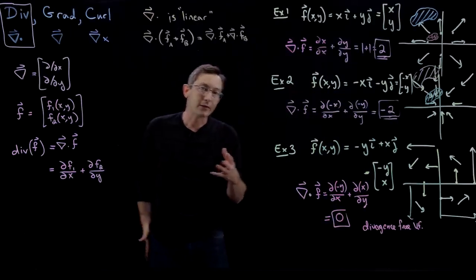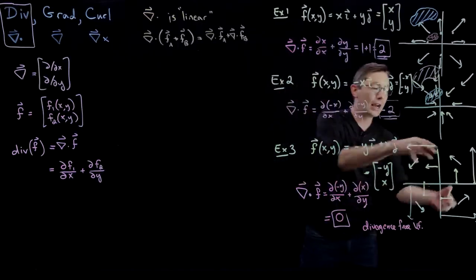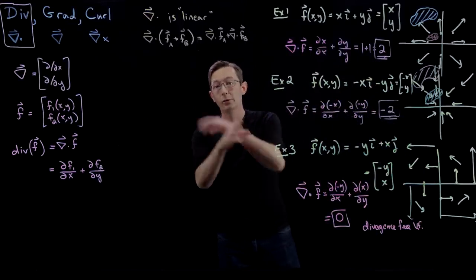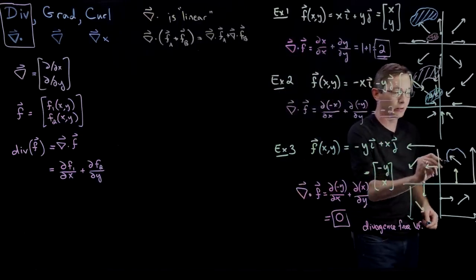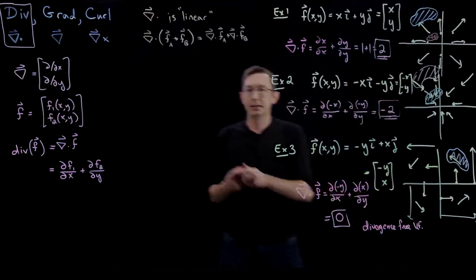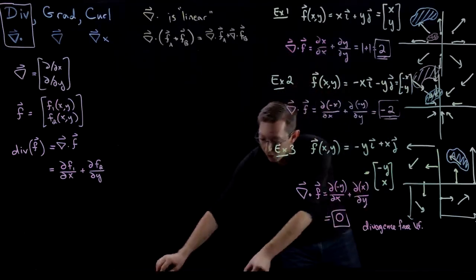And one of the intuitive pieces is that a divergence-free vector field is characterized entirely by rotation. So it's not sourcing or sinking, it's only rotating. And so again, if I take my little patch, let's put a little patch right here, this patch doesn't get stretched or shrunk, it just rotates around.